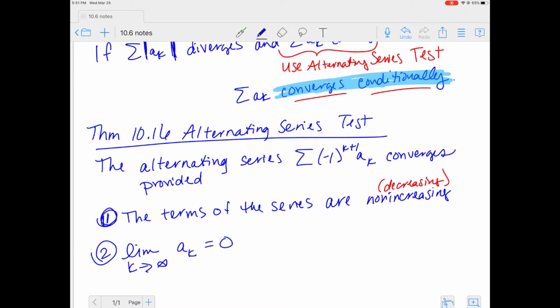So notice it's the limit of just a sub k, not the alternating part, just the a sub k part. That part we want to determine if the limit is going to approach 0. Is it decreasing or non-increasing? If those two criteria happen, then my alternating series converges.